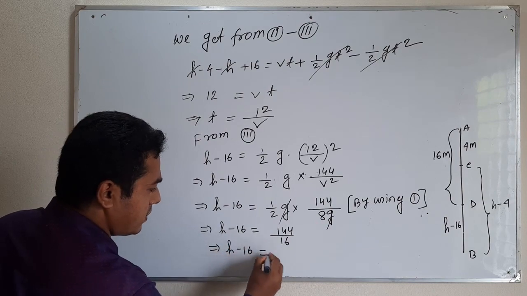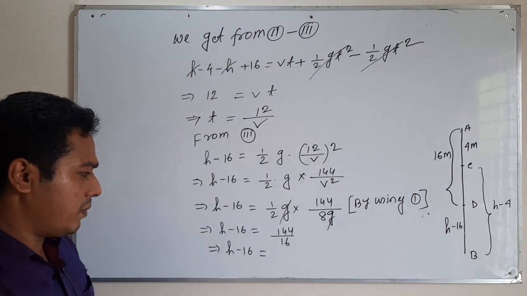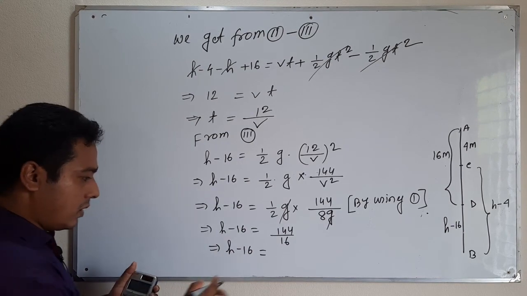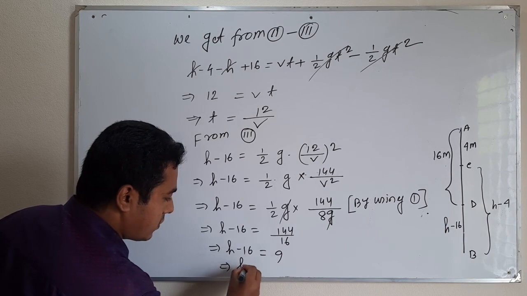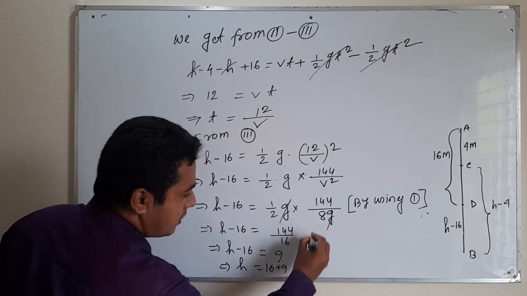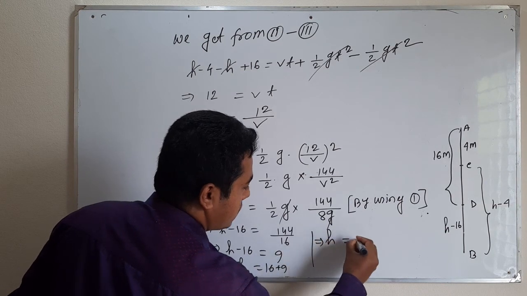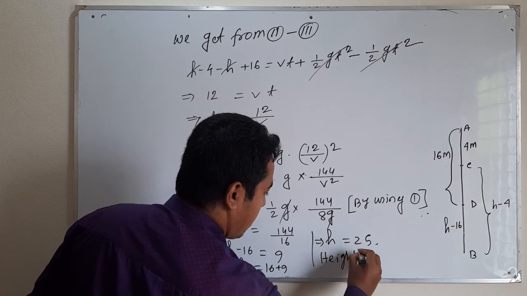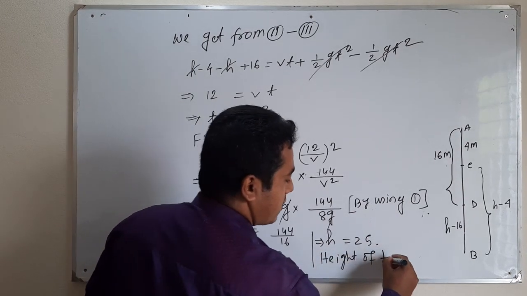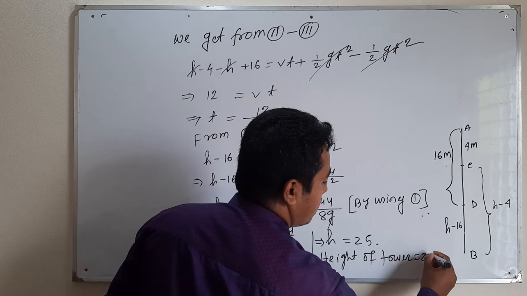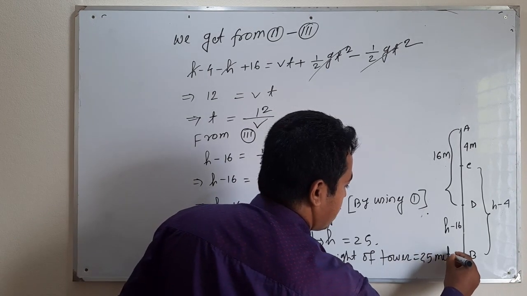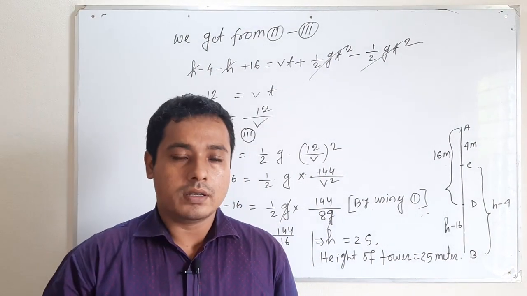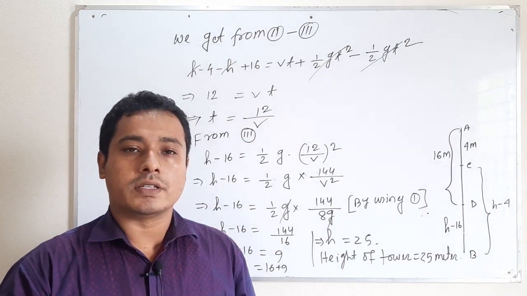H minus 16 is equal to 9, so H is equal to 16 plus 9, therefore H is equal to 25. So the height of the tower is equal to 25 meters. This is our answer to question number C. My dear students, this is our today's class.